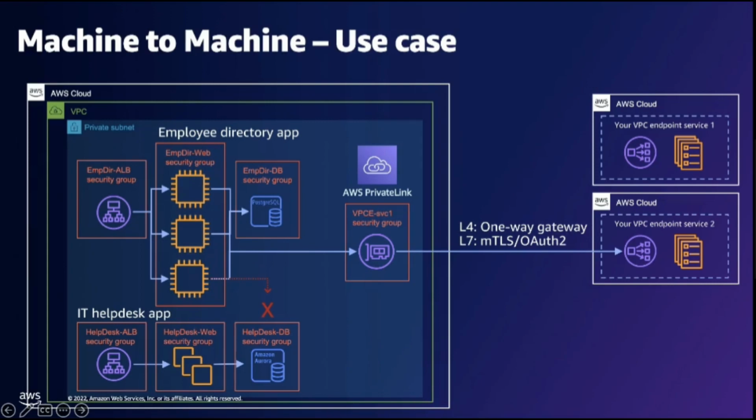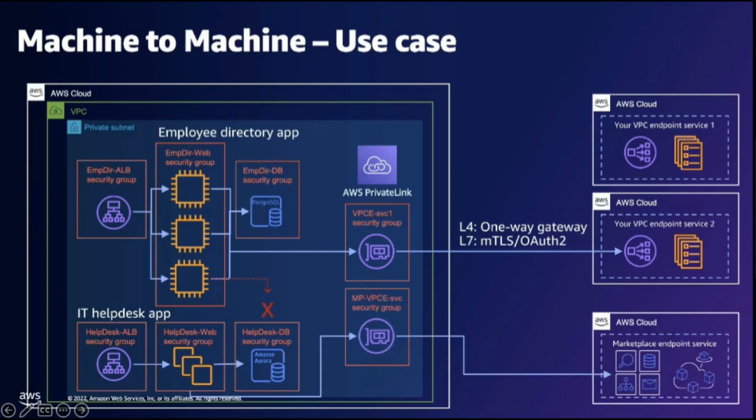Through security groups, we'll be able to specify which applications can make requests through the interface. Obviously, we can also look at identity-centric controls, such as mutual TLS and OAuth, to further secure the connection between the two components.